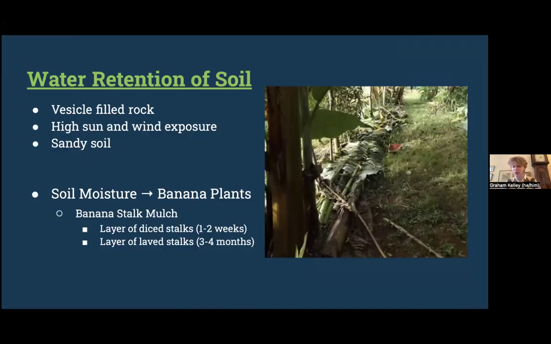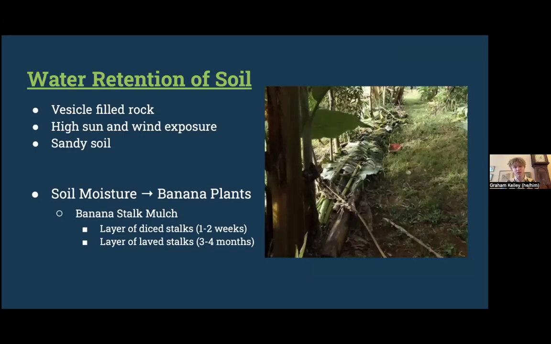You have to consider that volcanic rock is very vesicle filled, with a lot of holes. So if you're watering a tree at the top, that water is just going to go right down the side of the slope. And as I mentioned, cinder cone volcanoes are pretty steep, and ours particularly so. So that's an increased issue compared to flat land.